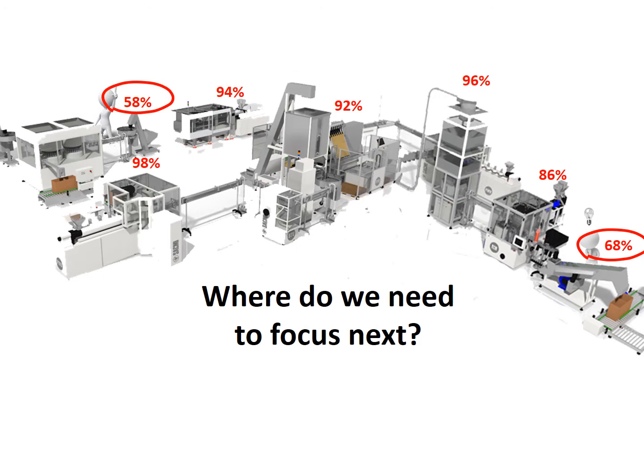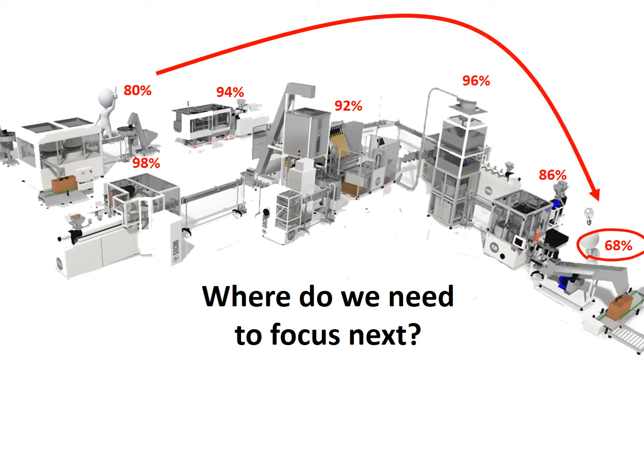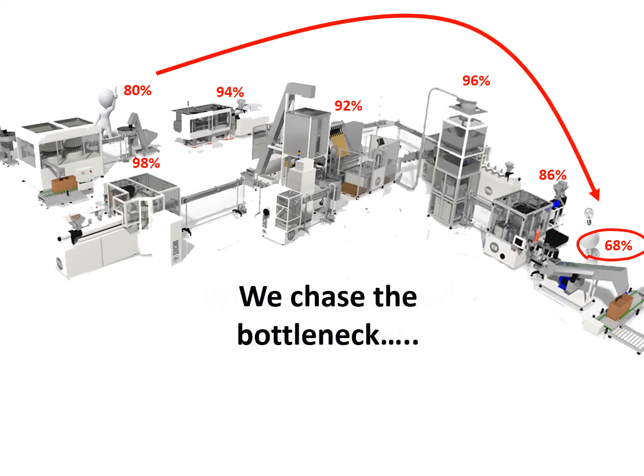The aerator workstation is no longer the bottleneck operation for the line due to the OEE percentage increase from 58 to 80%. Our next move would be to focus our attention on the conveyor system on the right with its 68% OEE. This process of focusing on the next challenging bottleneck operation as you make improvements is known as chasing the bottleneck.